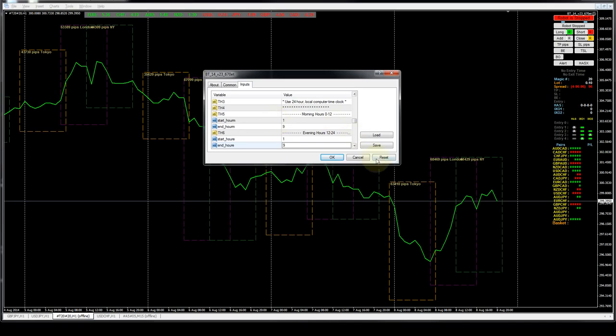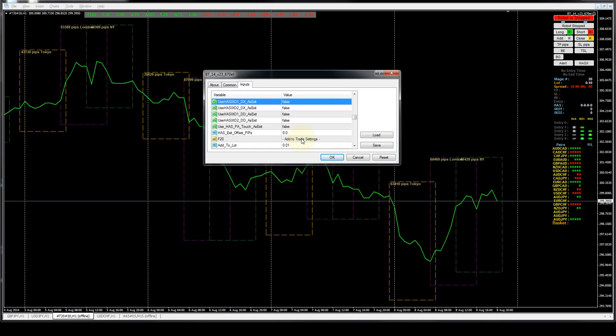So for now, I'll just reset it back to where it was. If you want to trade 24 hours a day, just set 0, 12, 12, 24, but then there's really no purpose in using it, so you won't be setting your settings up above here. And like I said, here's the one you would set up for exit.